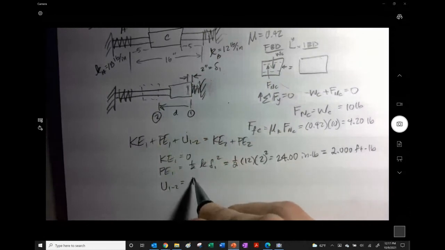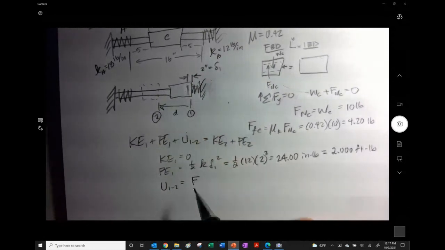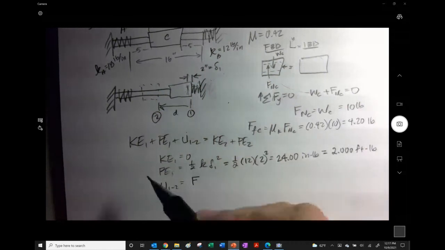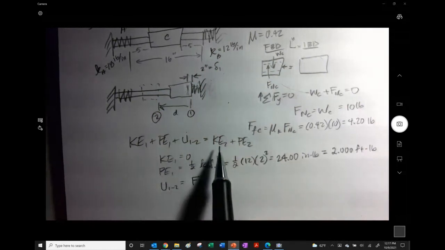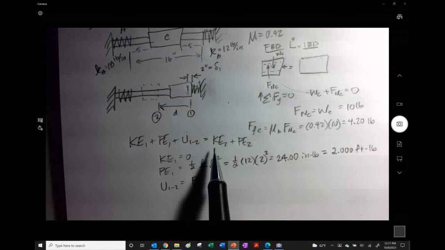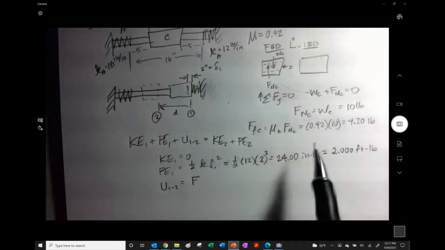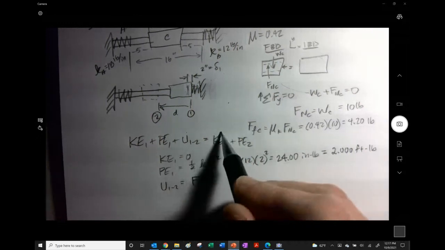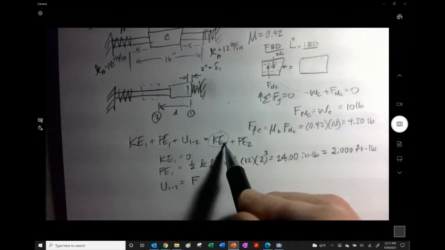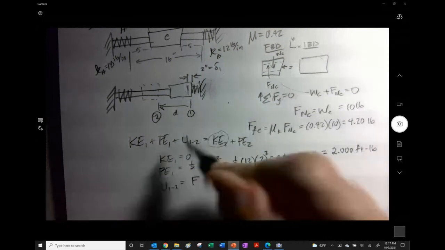Sir, why did we change it to foot-pounds? Why didn't we leave it as inch-pounds? Okay, well, the truth is we probably could in this case, but we're not going to. It's just a bad thing to do, because if we do have to deal with kinetic energy, we use mass.